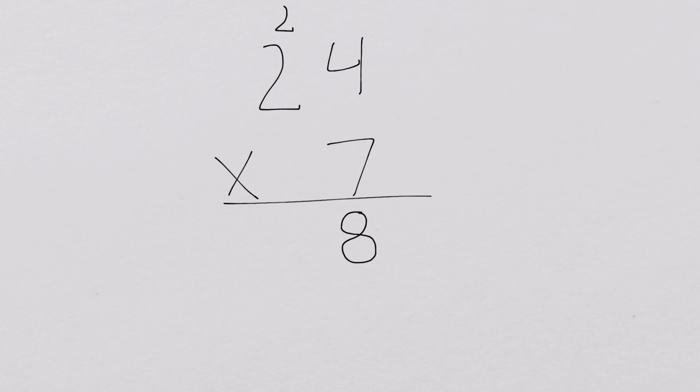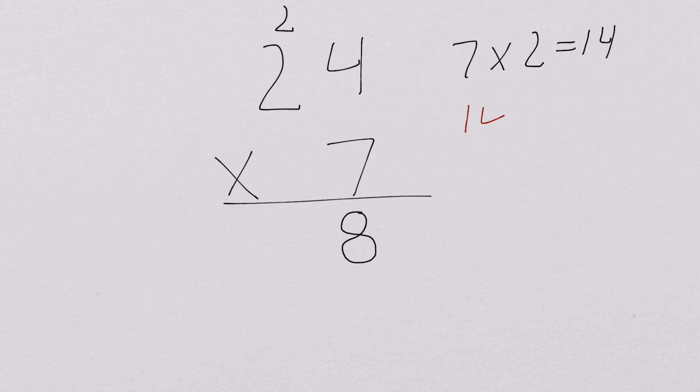Now we still multiply 7 and our next digit, which is 2. So over here I'm just going to write 7 times 2 is 14. But we carried over this 2 from before. So we have to add in that 2 just like we would if we were adding.